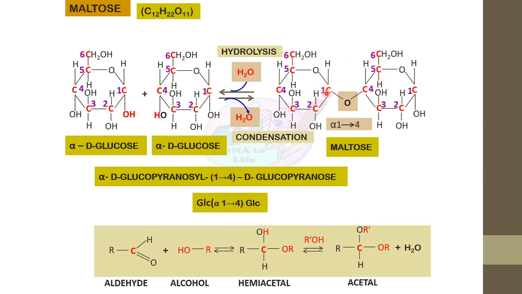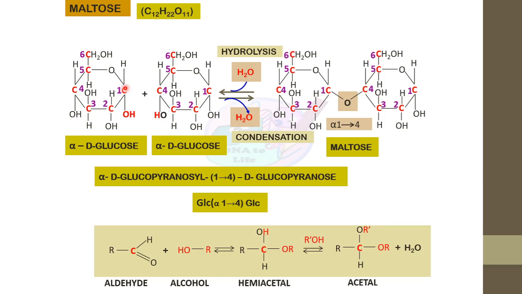If you look at this carbon now, hydrogen is present here, this OR is present here, this R is present here, and this newly formed OR is present here, and water is released in this process. So this water is released here. Now what happened? In the formation of a disaccharide, at least one anomeric carbon is always involved.